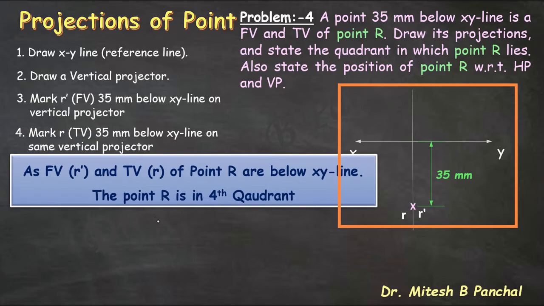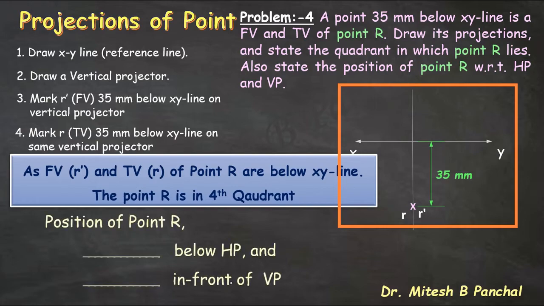So that is the second solution. And third point is we have to state the position of point R with respect to HP and VP. So for the fourth quadrant, we know that point R is below HP and in front of VP. This is the position of point R when point R is in fourth quadrant.